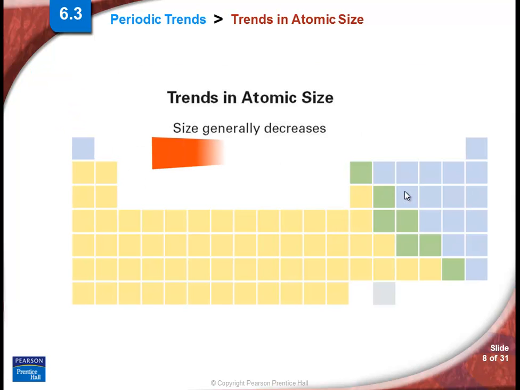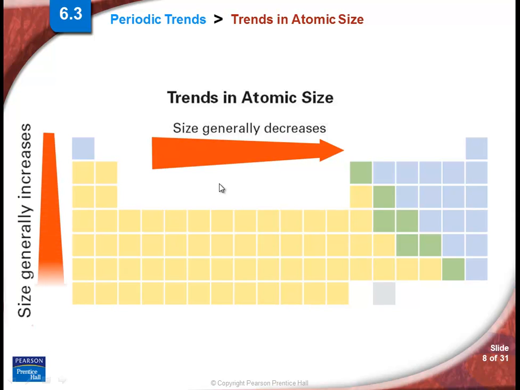If we put that in graphical form, the arrow is trying to convey that as we go left to right across a period, the atoms get smaller, but when we go down, they get bigger.